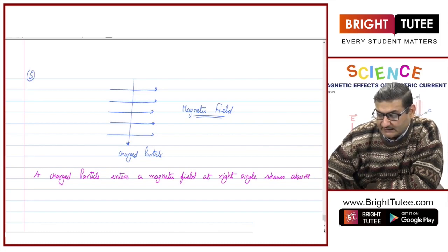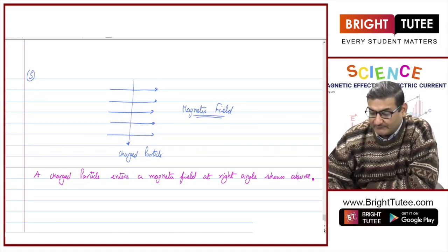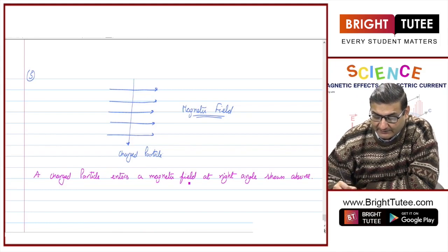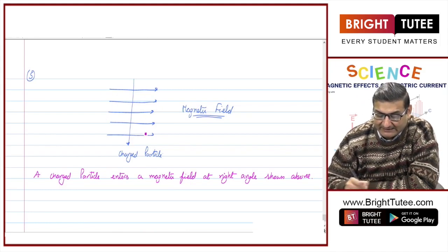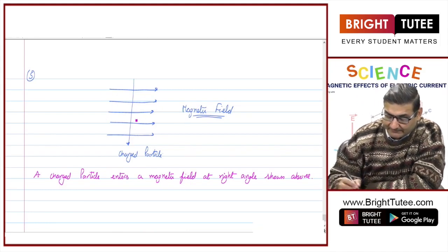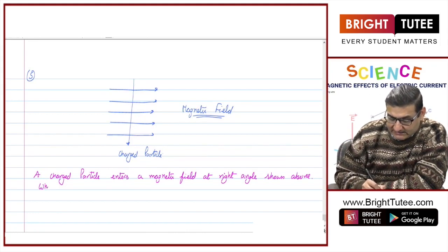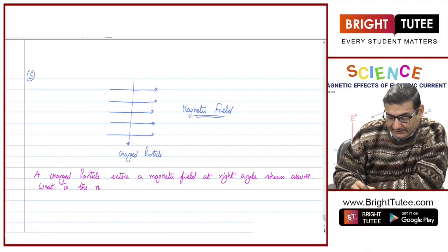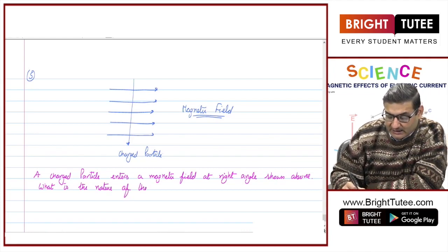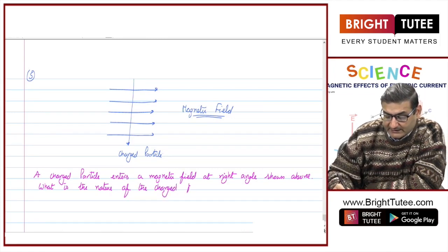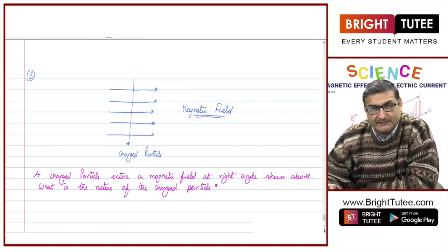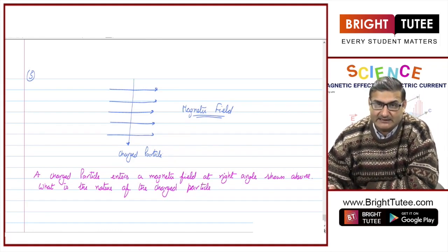This is at a right angle shown above. Fine. In a uniform magnetic field, the parallel lines show the uniform magnetic field. What we are asked is, what is the nature of the charged particle? Means, is it a positively charged particle or a negatively charged particle?